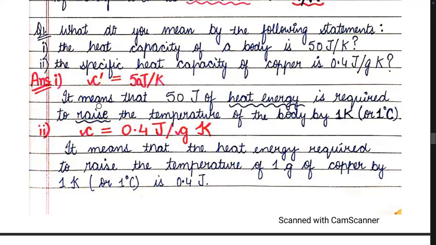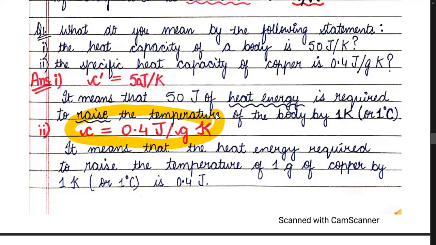Similarly, the second statement is, the specific heat capacity of copper is 0.4 joule per gram Kelvin. So what does it mean? Now specific heat capacity means we are provided with C. So what is the formula of C?